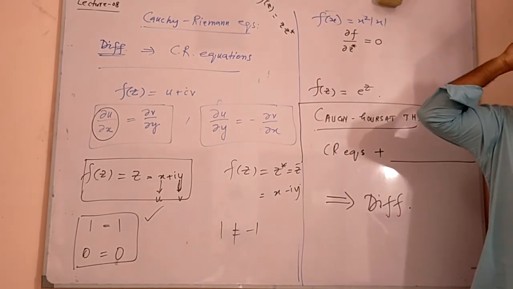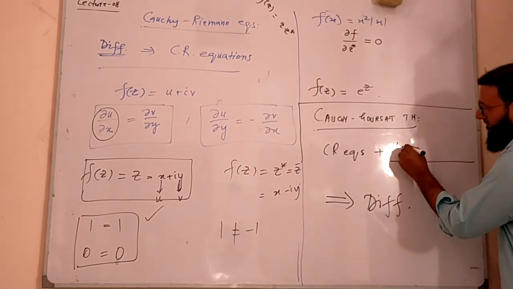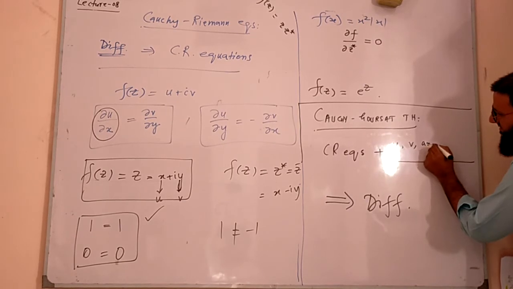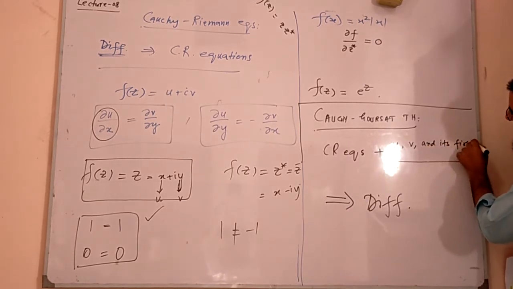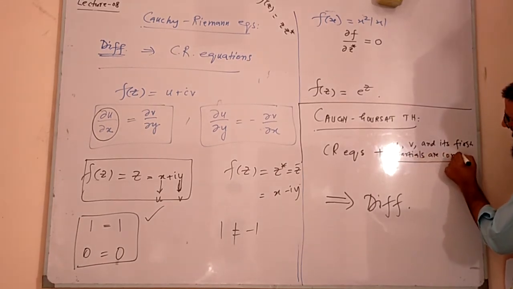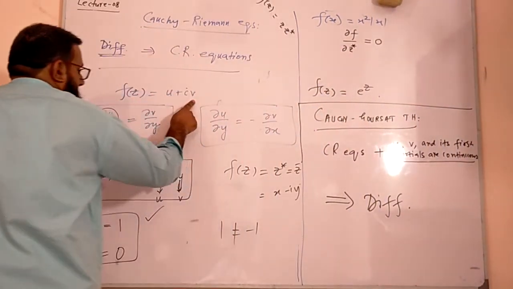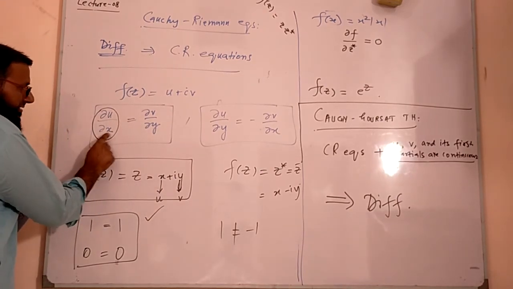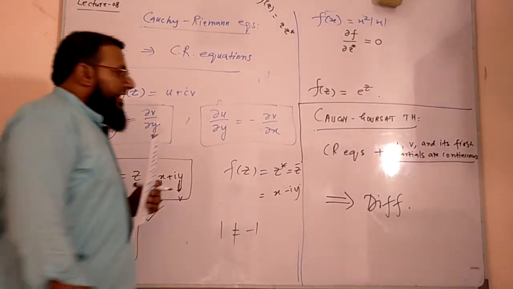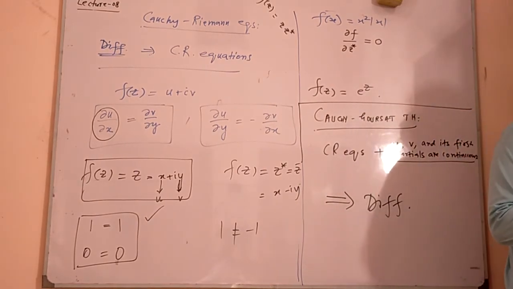I will tell you exactly what it means. But what is that extra condition? That extra condition is that u, v, and its first partials are continuous. So u, v, and all its partials, meaning this partial, this partial, this partial, and this partial, if these are continuous and CR equations are satisfied, then you can say the function is differentiable.